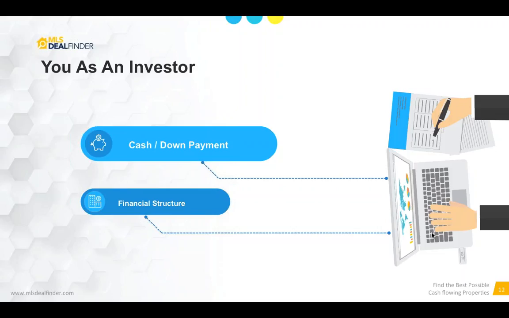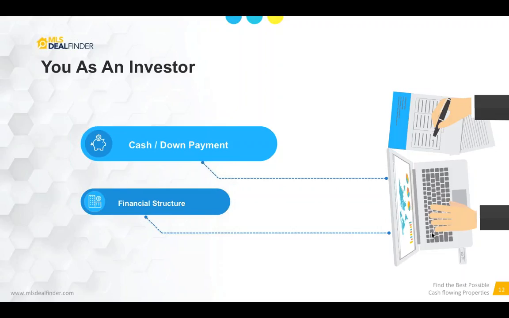And then the other part is your financial structure, your cost of borrowing the money, and looking into it a little deeper, your cost of managing the property. If you're managing it yourself versus hiring a professional, big company to manage it, your cost structure is going to be different.